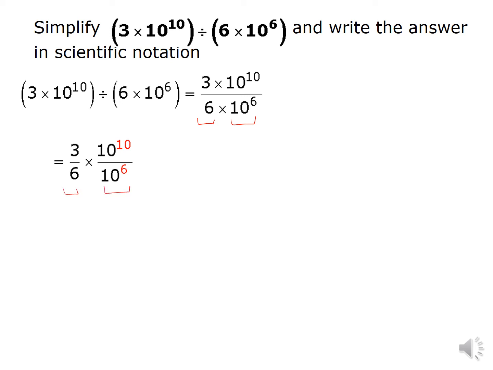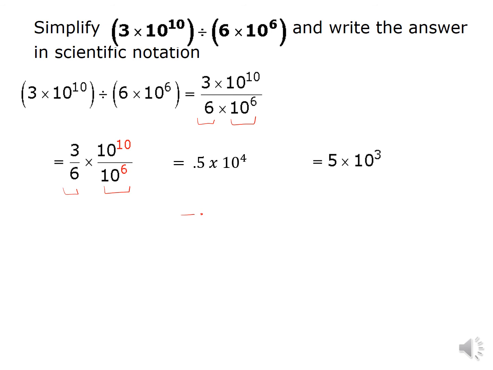So 3 divided by 6 is 0.5, and 10 to the 10th divided by 10 to the 6th is 10 to the 4th. Now the problem with this is if your answer is supposed to be in scientific notation, we know that scientific notation should have one number in front of the decimal, not behind it. So we have to convert it to get the final answer.